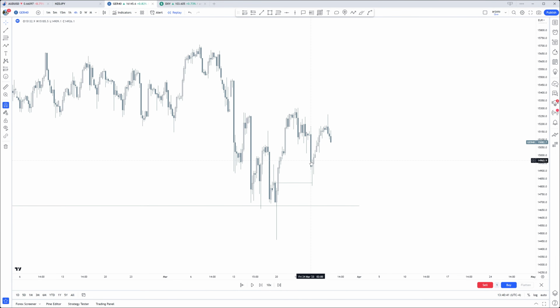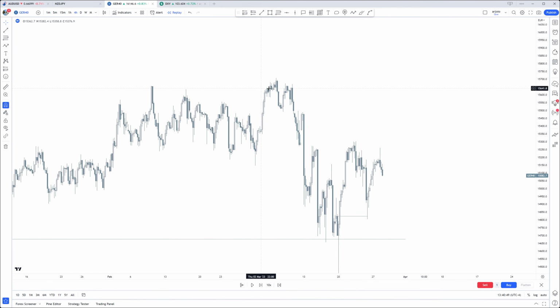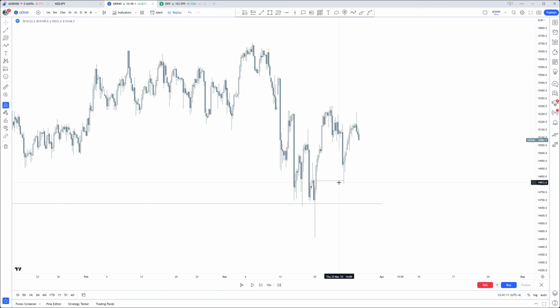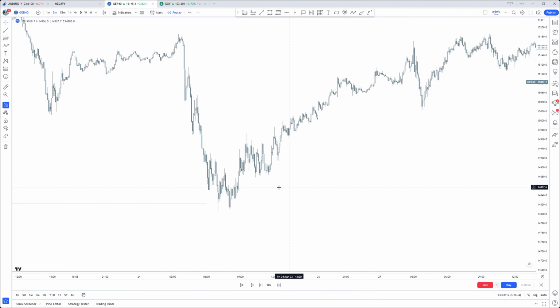Now, when we retrace into the breaker, what are we leaving behind? We have relatively equal highs right here, and we have relatively equal highs right here. Those can be used as targets for our trades and as extra confluences, because in trading, we are stacking up confluences all the time. Then if we drop down into the 5 minute in that 4 hour breaker, what do we actually see?